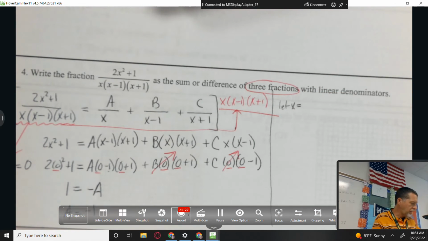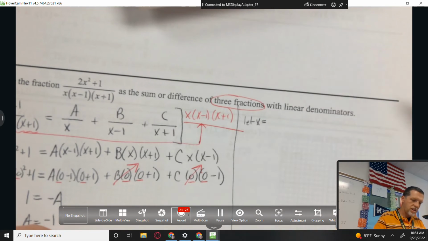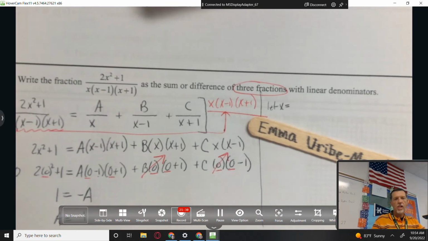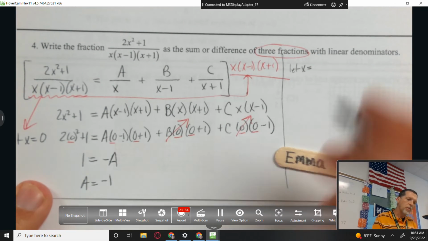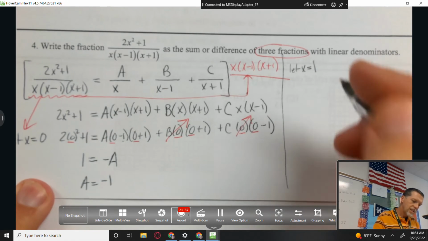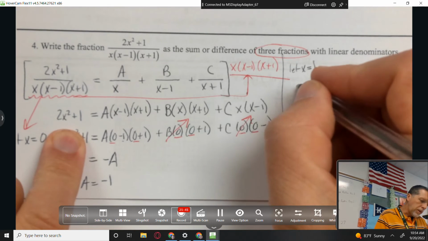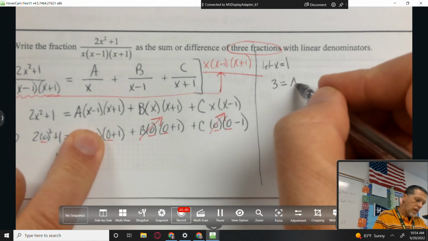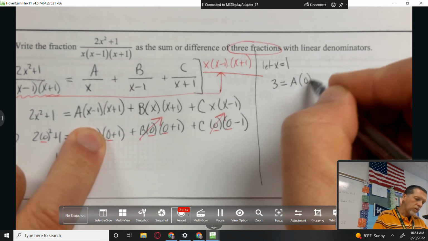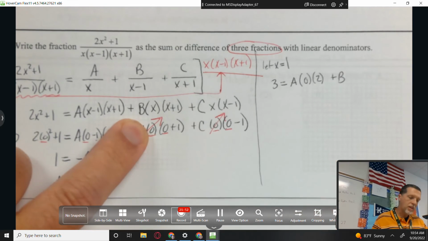Okay, so we let x equal 0. I need another good value of x. What else would cancel some things out? Probably 1. Let's see. 2 times 1 squared plus 1 would be 3. A times 0 times 2. I'm plugging in 1. Not showing all my work this time.